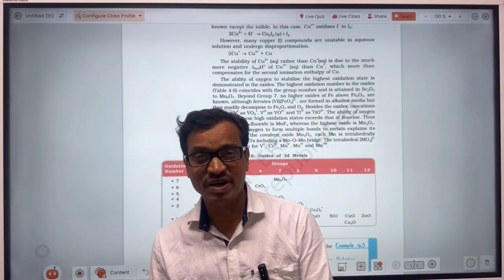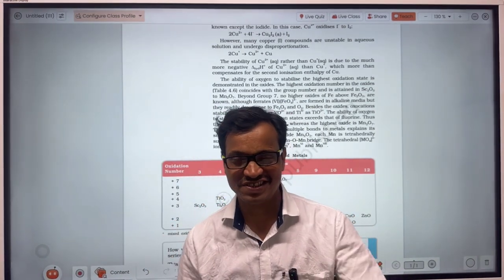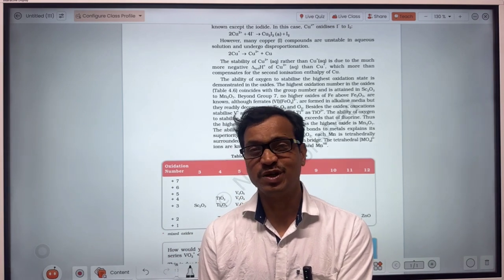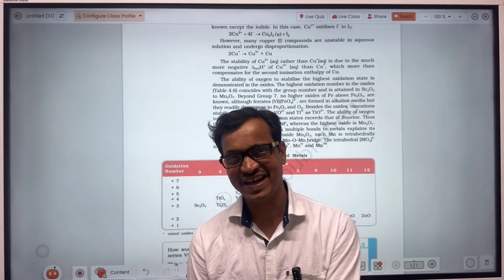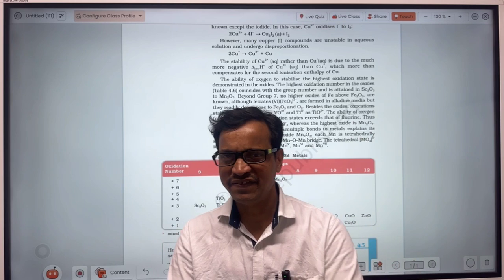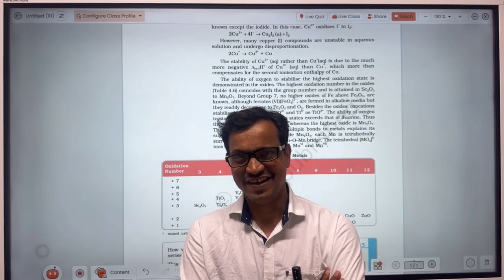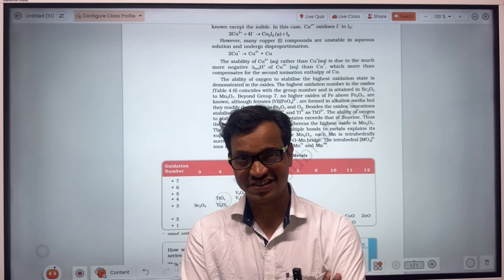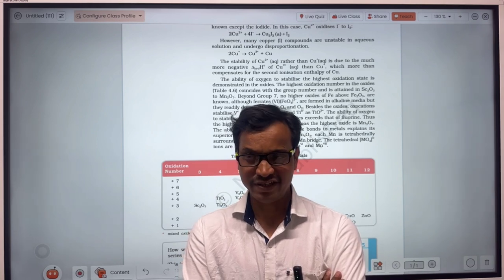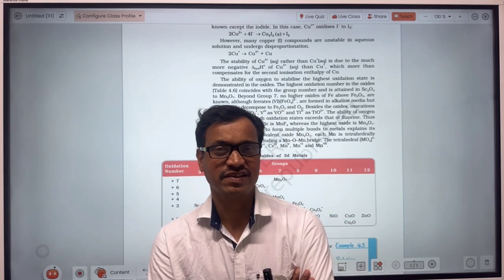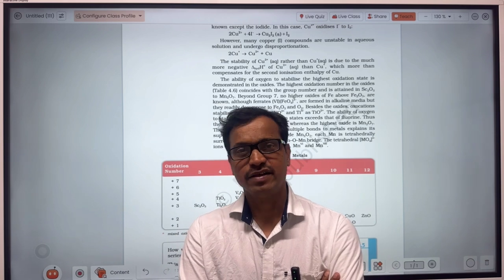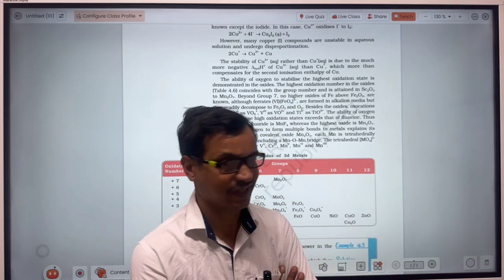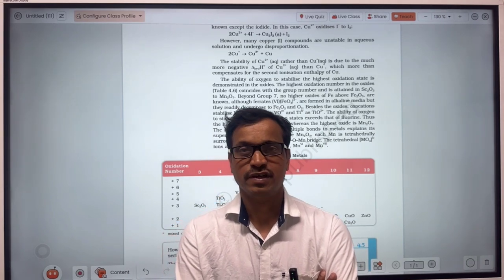oxygen does double bond formation. Oxygen has the ability to do double bond formation. That's why when oxygen combines with the transition metals, it will attract two electrons towards itself. If there is covalent bond formation, we will also come to that after this point.